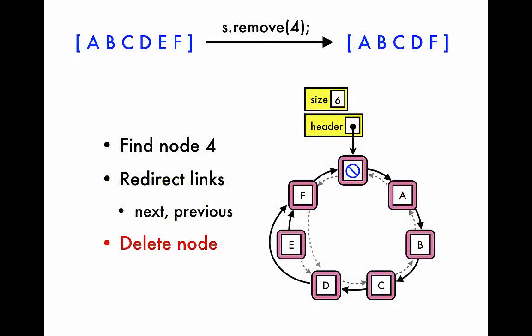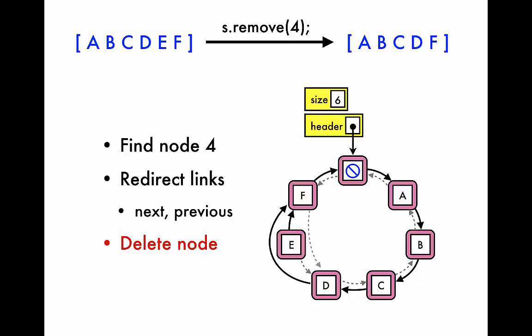Let's pick up where we left off. We had redirected the appropriate links, and now we just need to delete the node containing E. However, in the actual remove implementation, there is still one thing we have to do here before we can delete the node.